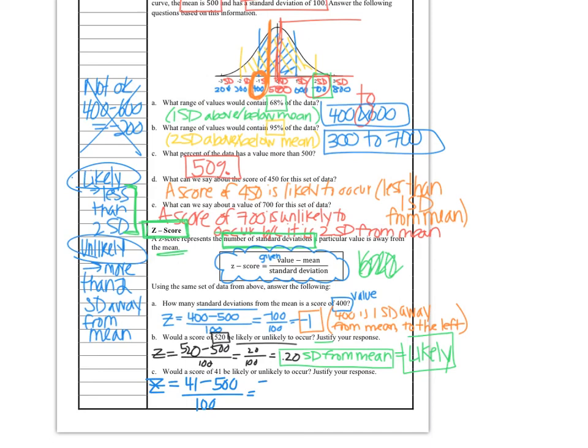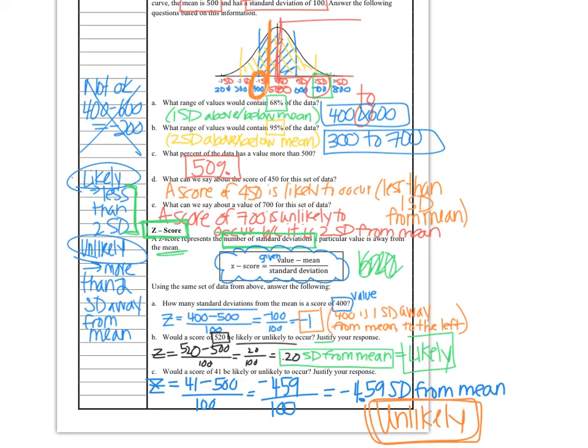So we have negative 459 over 100, which is negative 4.59 standard deviations from the mean. So again, if it's more than 2 away, whether it's on the right or the left, then it will be unlikely to occur.